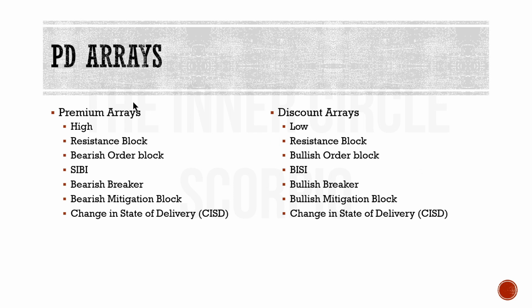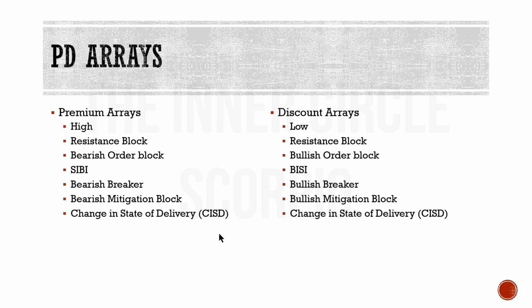So we established that when we are making higher prices, and we return from that in a downtrend, we make premium arrays. If we are in lower prices and we make a shift in market and go to the upside, we make discount arrays. That's why premium arrays start from high and discount arrays start from low.